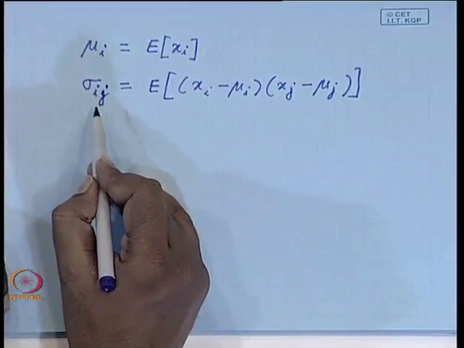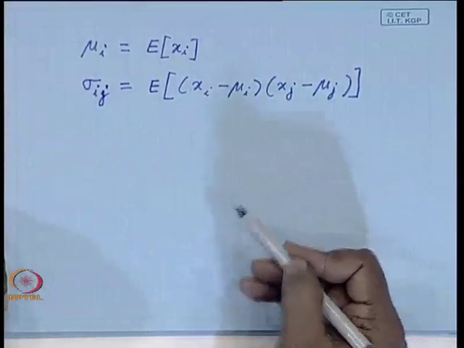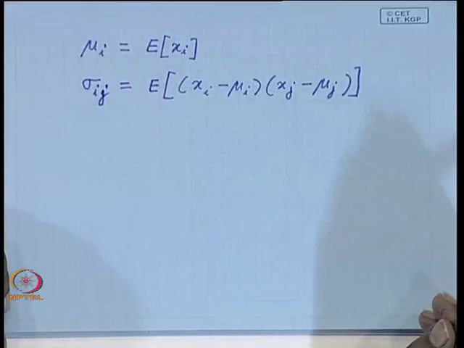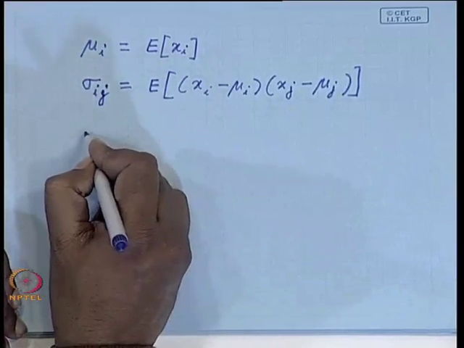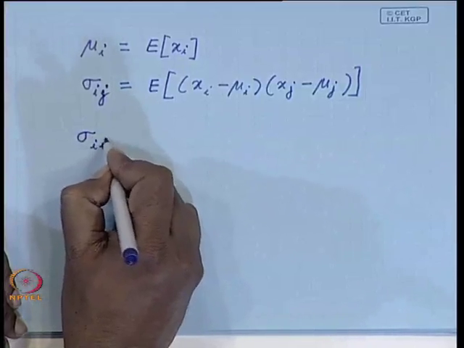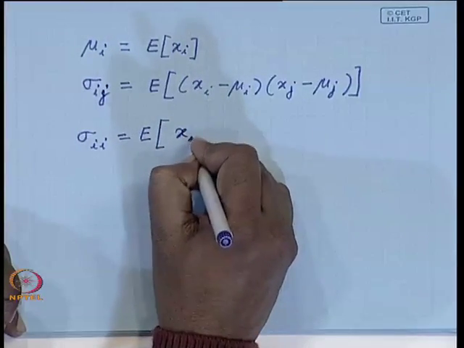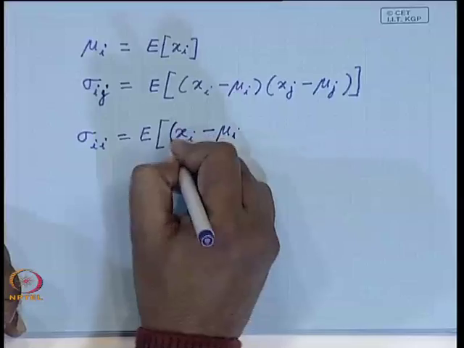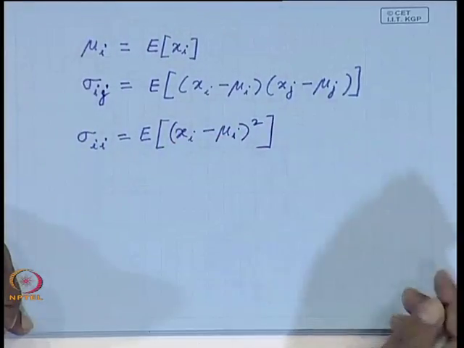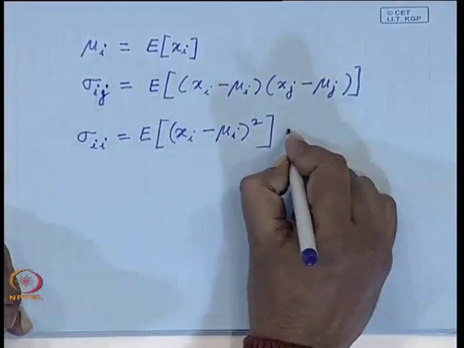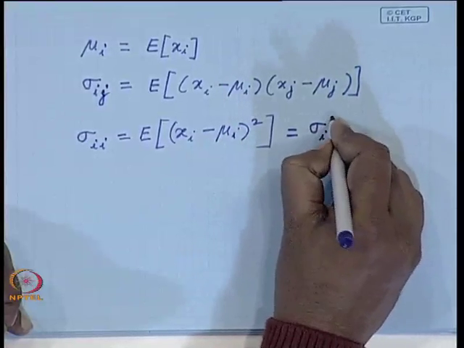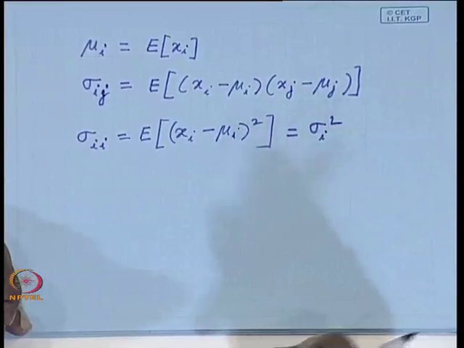When I compute this sigma ij, the ijth component in my covariance matrix, it is given by this expression. Obviously, if I make i equal to j, these are the diagonal components of the covariance matrix, and that simply becomes the expectation value of (x i minus mu i) square. And this is nothing but our sigma i square, which is the variance of the ith component of the feature vector.